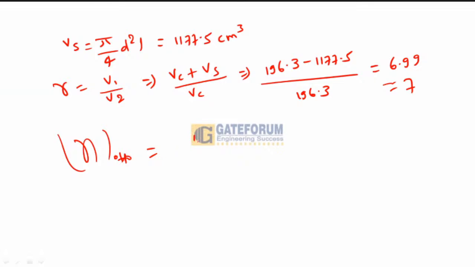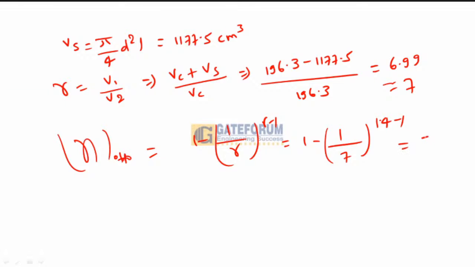So what will be this value? 1 minus 1 upon r to the power gamma minus 1, and 1 minus 1 upon r, you can write approximately 7, 1.4 minus 1. If you solve, then this value will be 54%, or you can say 0.54.